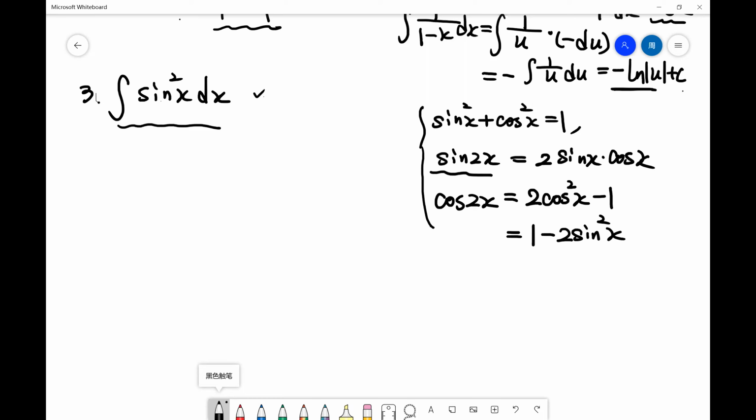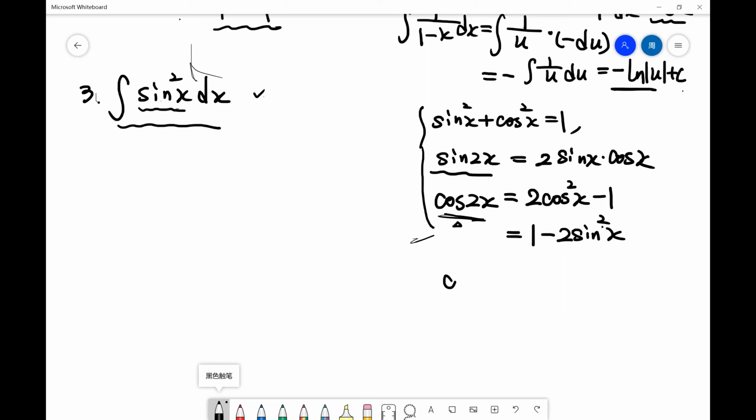Because here we have sine x squared, right? So we want to change it by cosine x. We don't want the power 2 here because the formulas we have learned don't include the power 2, right? So we want to remove the power. So we use this formula.